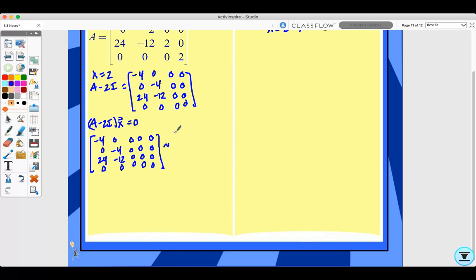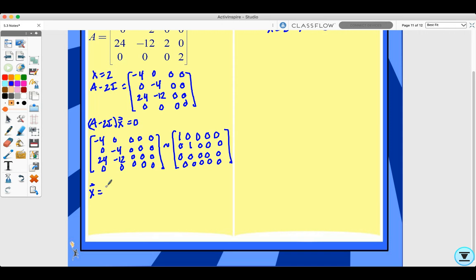And when you row reduce this, I took negative 1/4 of row 1 and negative 1/4 of row 2 to get those to be 1, 0, 0, 0, 0, and 0, 1, 0, 0, 0. And then I took 6 times row 1 minus 3 times row 2 plus row 3 to get zeros here. And our last row was already zeros.